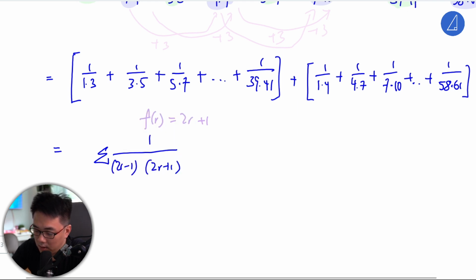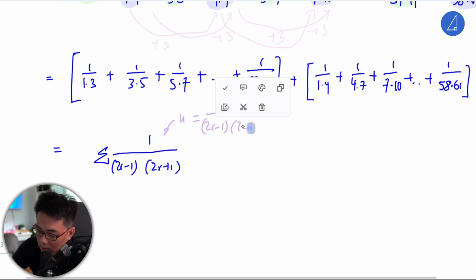Okay, so if my FR is FR, let's say this is UR here. 2R minus 1. This is 2R plus 1. Okay, this is actually my U1. U2, because you sub into this, you will get that U3.